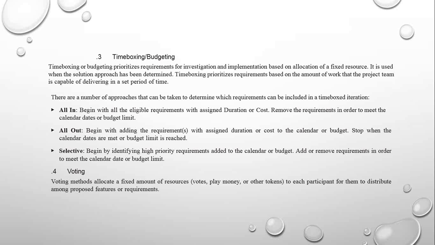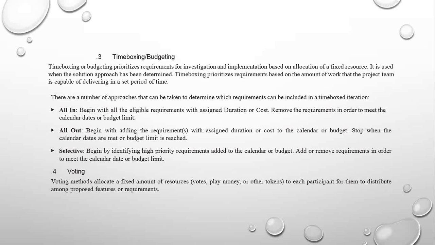It prioritizes requirements based on the amount of work that the project team is capable of delivering in a set period of time. That's why you have the term boxing, because you are limiting the time: in the given time frame, this is what I am going to do, and I am not going to do it outside of it.